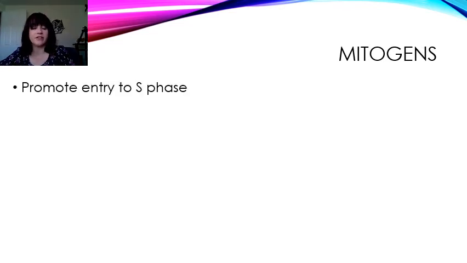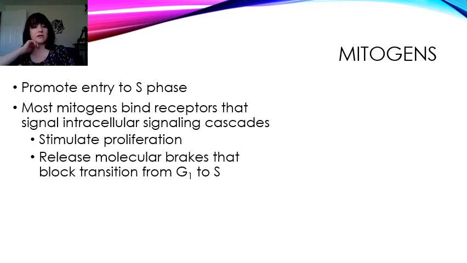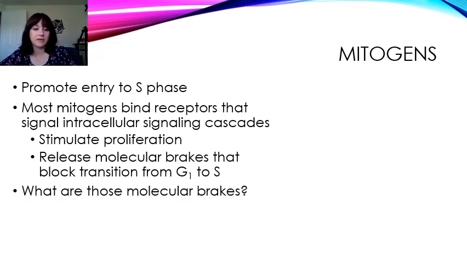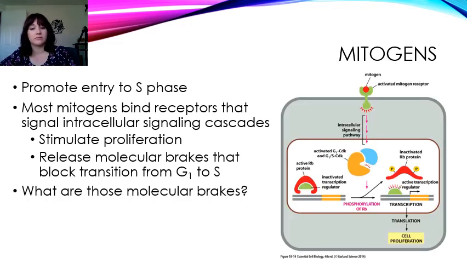Again, we've talked about mitogens before. These are going to signal a cell in G1 phase to go into S phase. And just like any other extracellular signal, they're going to bind to a receptor and induce a signaling cascade in the cell. For a cell to go from G1 to S, we've learned about checkpoint proteins, right? We learned that in order for a cell to enter into S phase, this RB protein needs to be inactivated.